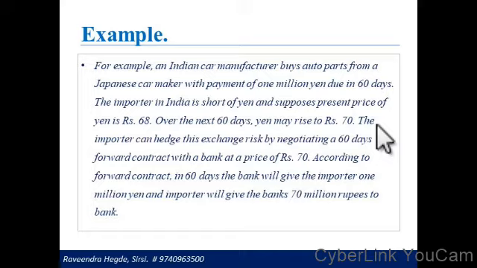The importer in India is short of yen and supposes the present price of yen is say rupees 68. Over the next 60 days, yen may rise to say rupees 70. The importer can hedge this exchange risk by negotiating a 60 day forward contract with a bank at a price of rupees 70.